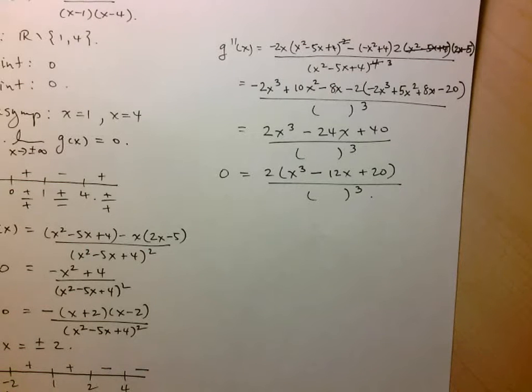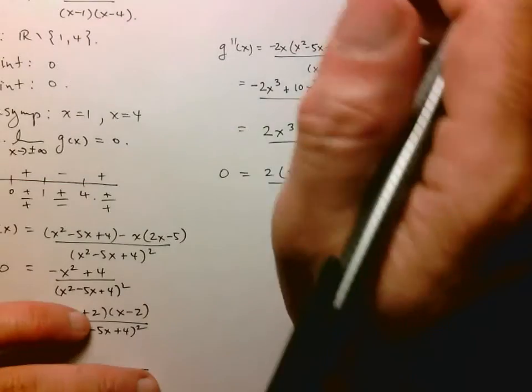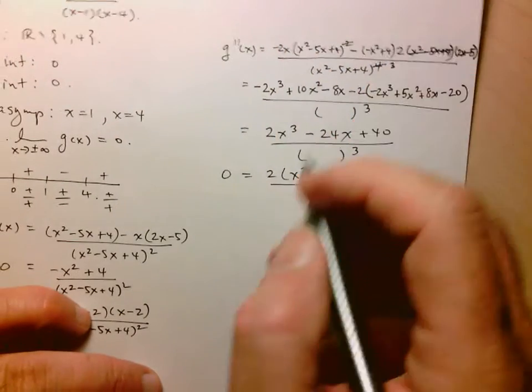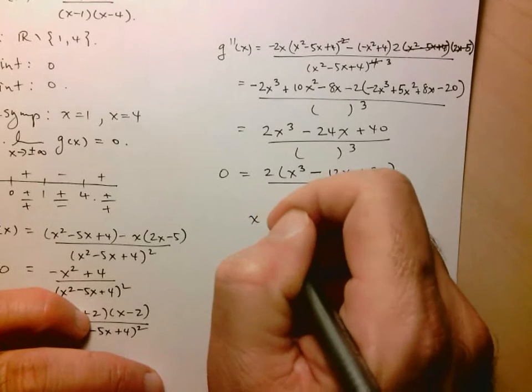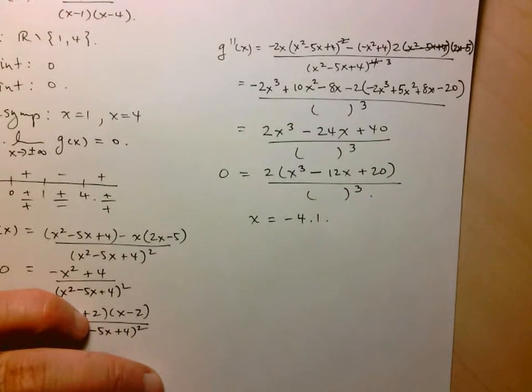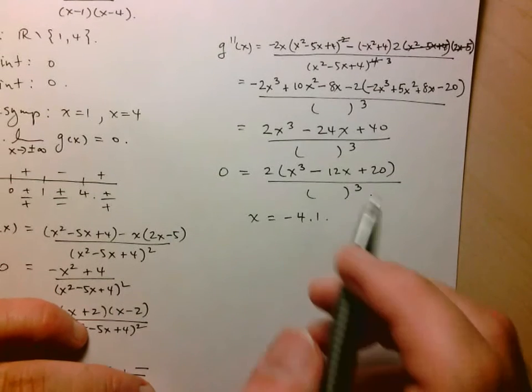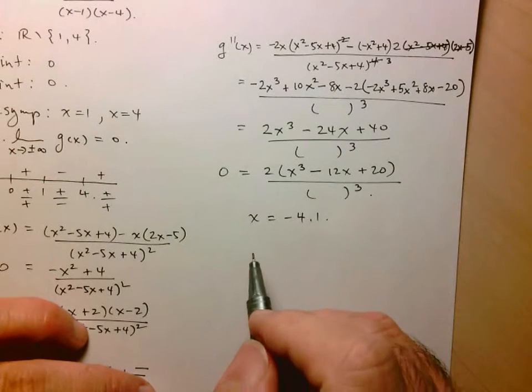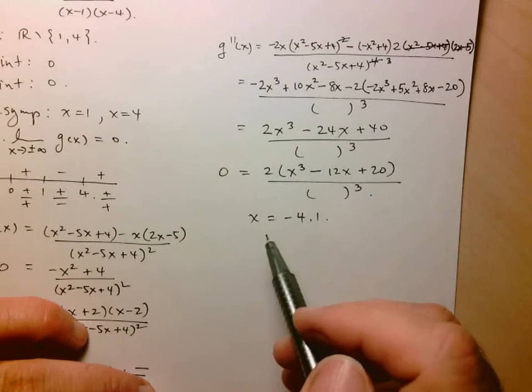And it looks like there's only one solution, negative 4.1. Okay, so here x equals negative 4.1 gives you the, I'm back here. Okay, so negative 4.1 is the only solution that gives you 0 there.